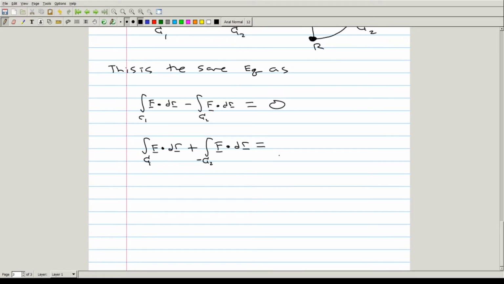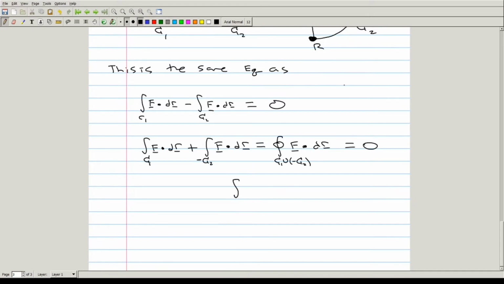which is the same thing as the closed curve line integral over the union of these two paths, the union of C1 and C2 traversed in the opposite direction. So it's this closed line integral being equal to 0.